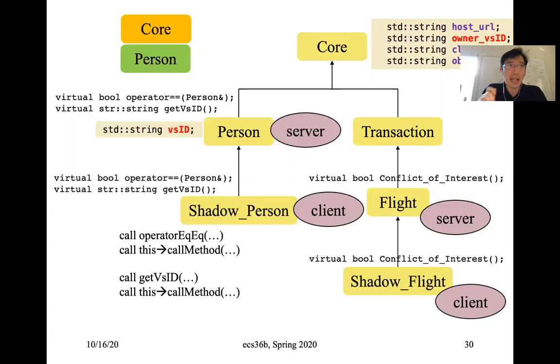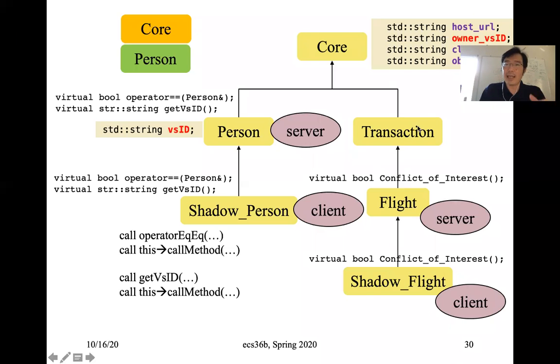A virtual function means that you declare a member function by adding the keyword virtual. And what is virtual going to do in this case? If you don't have virtual, assuming you create a flight object, and later you cast it. Casting means converting that flight object into a transaction object.